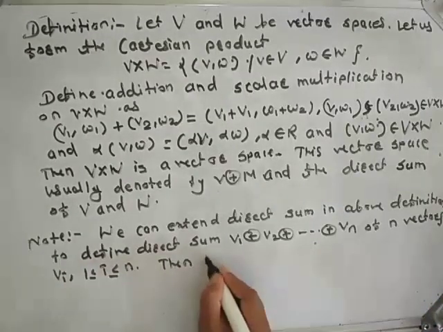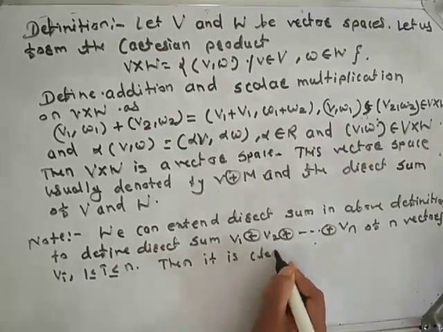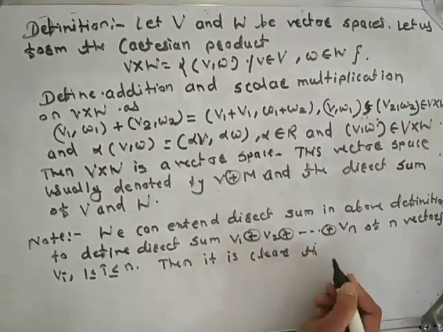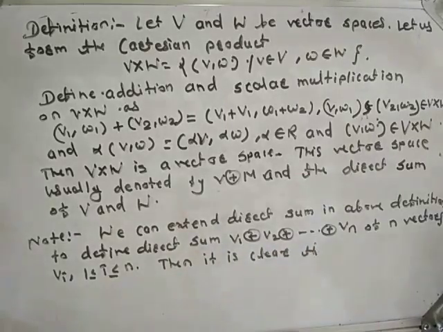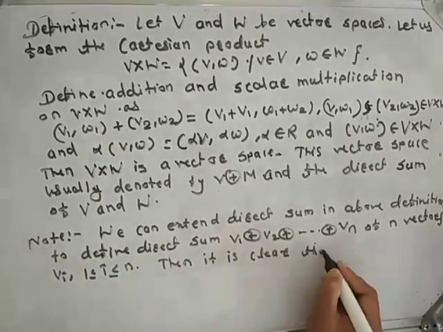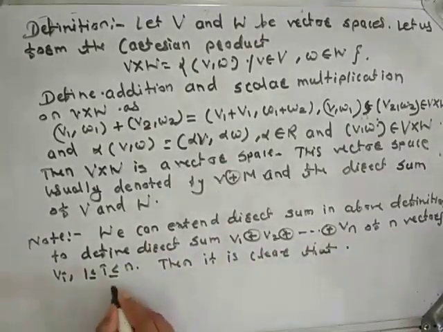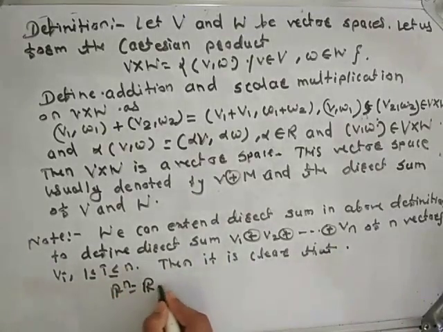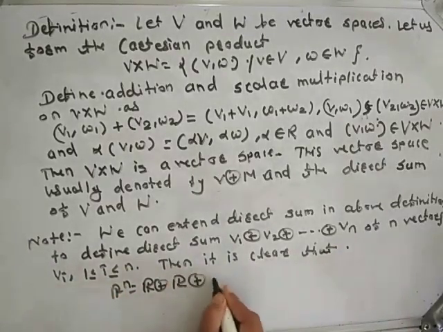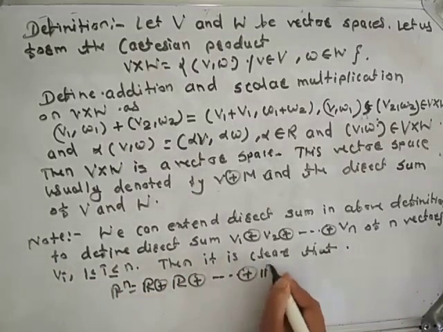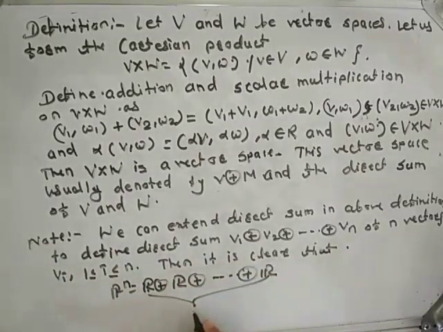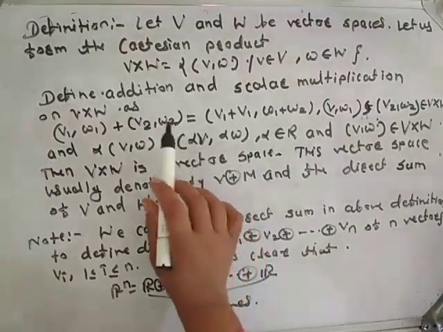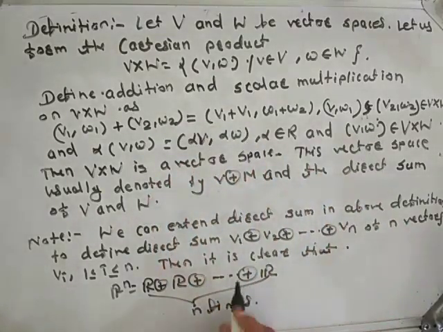Then it is clear that Rn is equal to R direct sum R direct sum and so on, direct sum R, up to n times. This is the direct sum for only 2 vector spaces and this is the direct sum for n vector spaces. Okay.